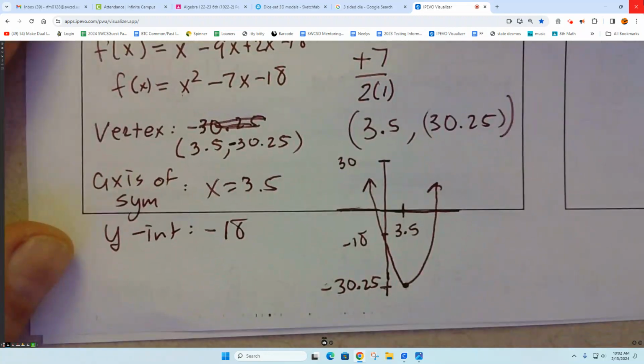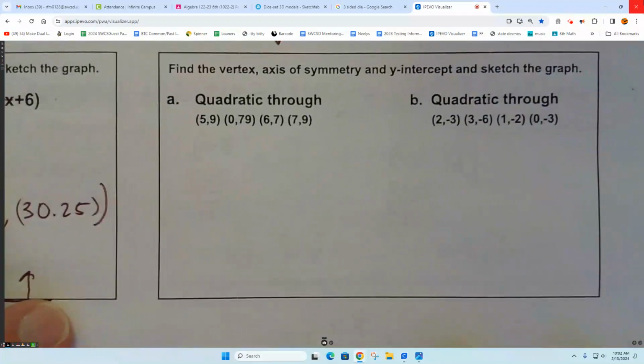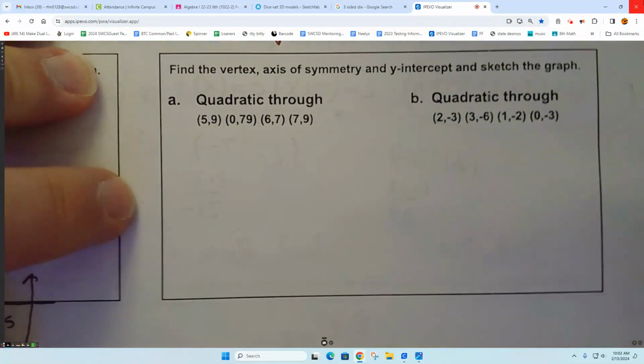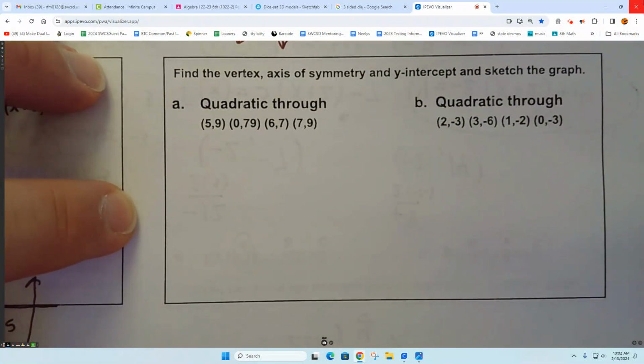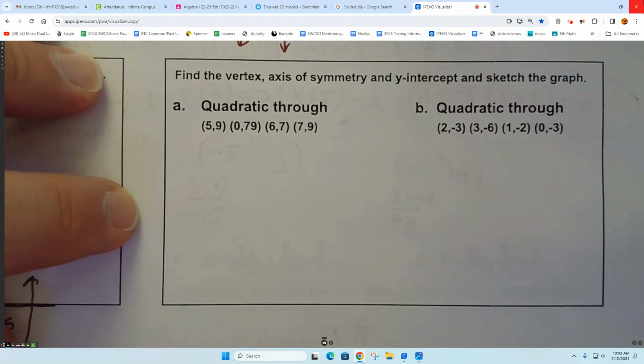Okay, so next part, how can we write an equation given some points? What do we know is true about our graphs? Kind of have to know the nature of our graphs. The y-intercept is 79.